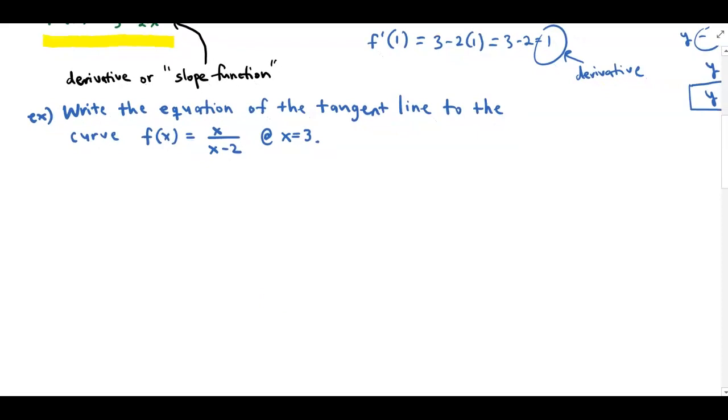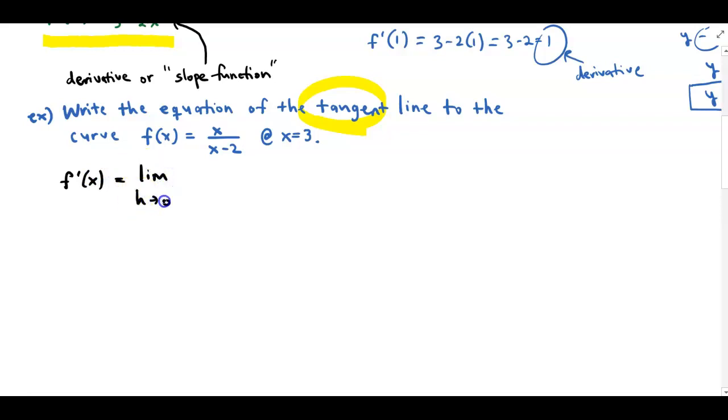Write the equation of the tangent line to that curve f of x equals x over x minus 2 at x equals 3. So we gotta find the tangent line. This word means derivative. Find the derivative function. Well, we know our function is f of x, so in order to find the derivative, we gotta use the limiting process.